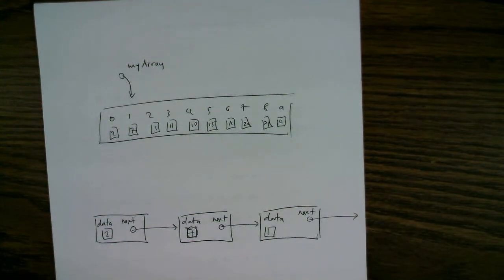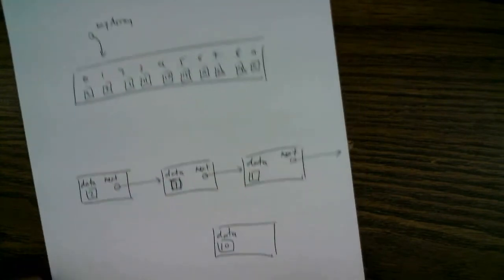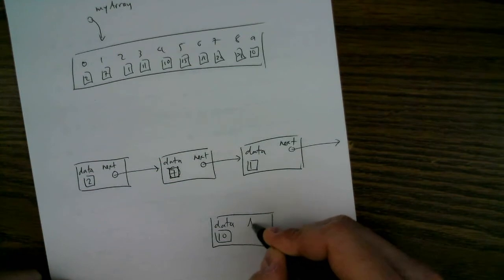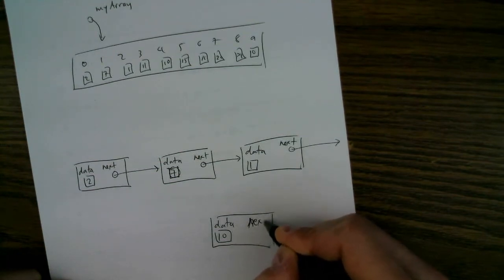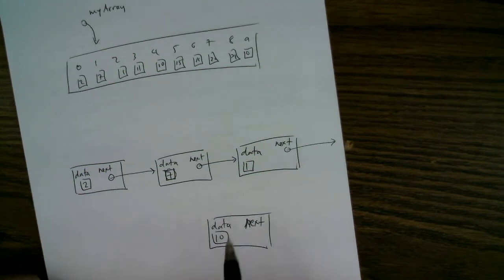In this situation, if we wanted to insert a new node between these two nodes, for example, all you would have to do is get your new node, and simply change a set number of these references.